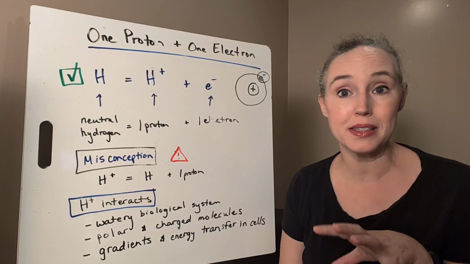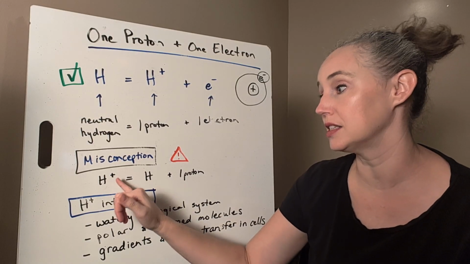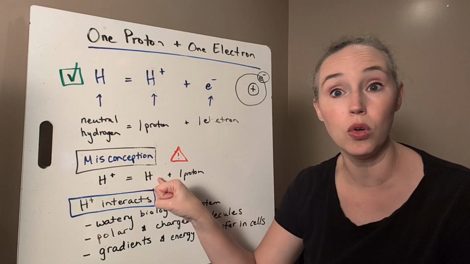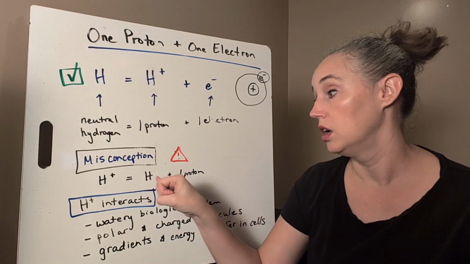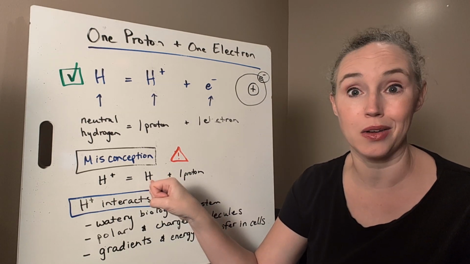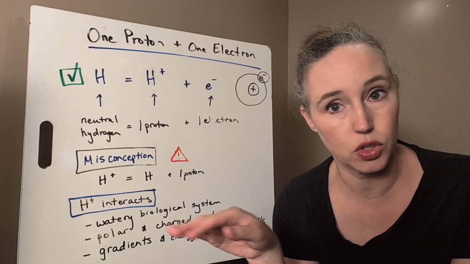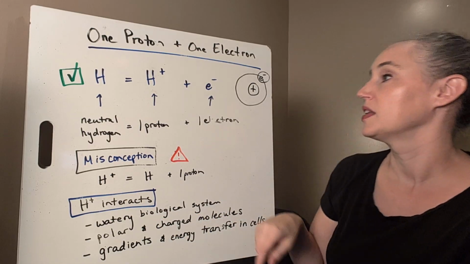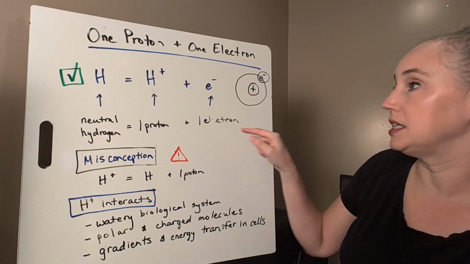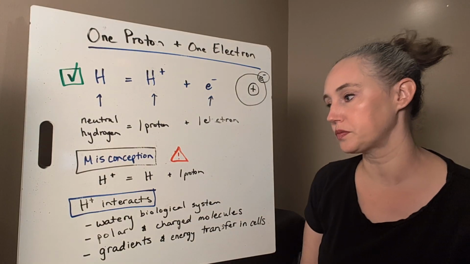So it's often a misconception that H plus is a whole neutral hydrogen atom with an additional proton, but that's not right. If that's in your brain, scratch it. This is going to be just a proton.